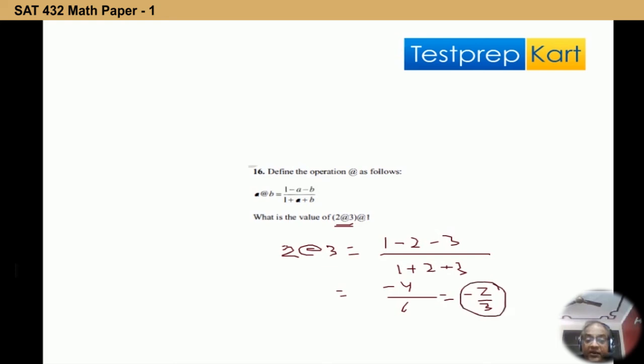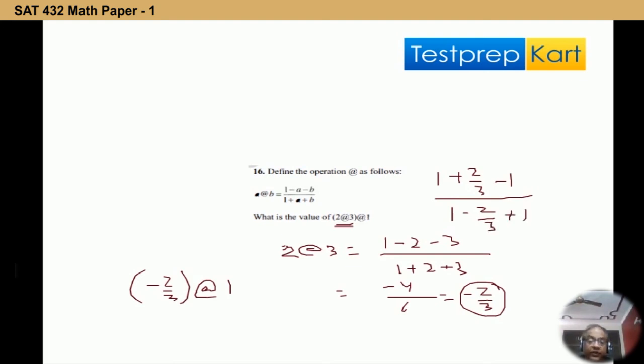Minus 2 by 3. Now let's find out the other one, which is minus 2 by 3 inside the bracket, operation with 1. Again, we'll be using the same definition. It will be 1 plus 2 by 3 minus 1 divided by 1 minus 2 by 3 plus 1.